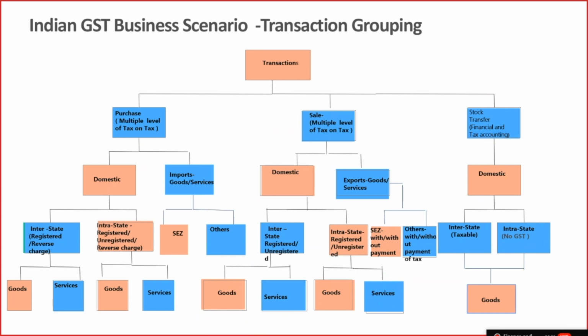Interstate transactions, when you do interstate stock transfers, IGST will be calculated, and all these transactions are related to goods and services. In the last few days, we got certain queries regarding fixed asset transfers as well, where if the transfer is taking place to the same organization, the tax implications are there.